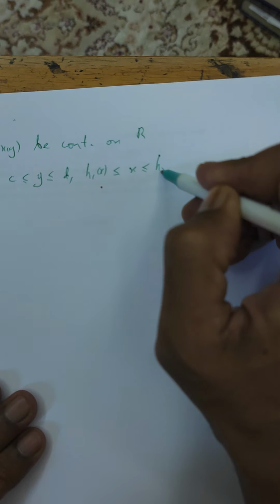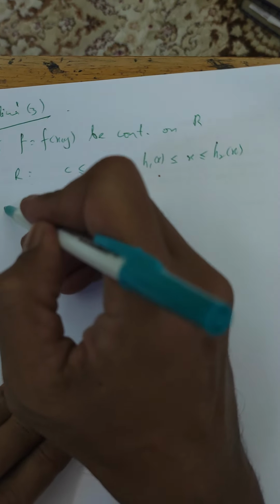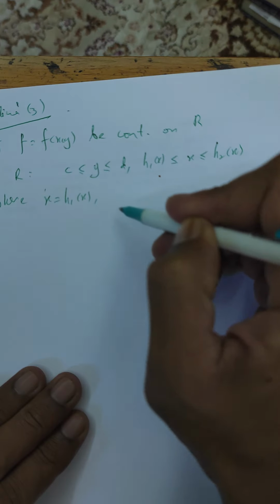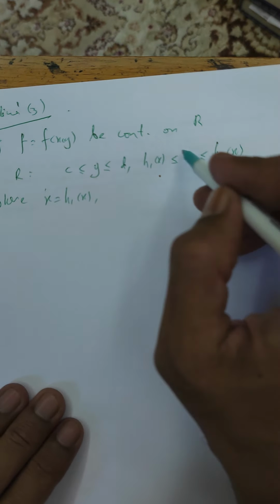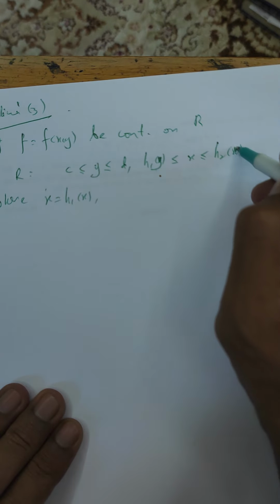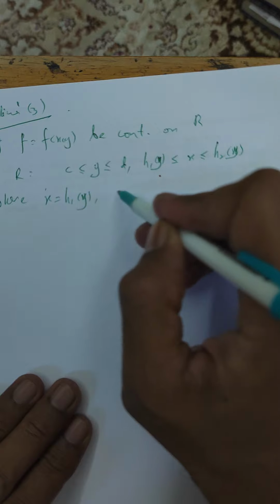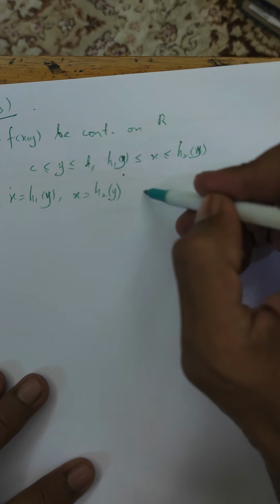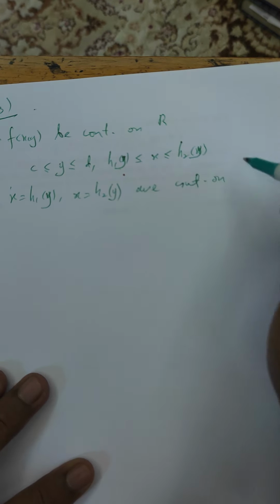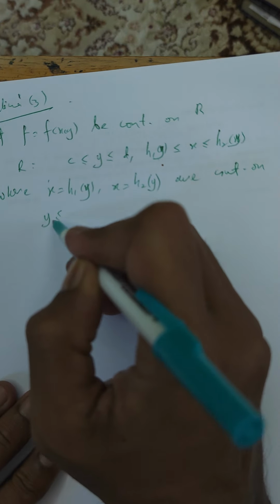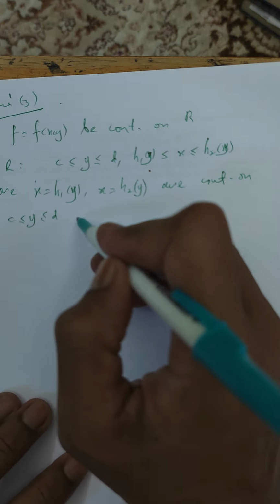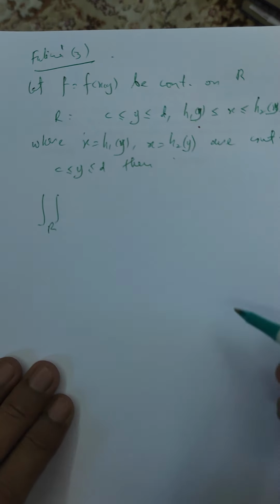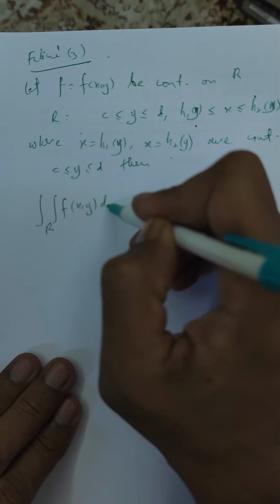H1 of Y to H2 of Y, where X equal to H1Y, this should be a function of Y, and X equal to H2Y are continuous on the interval Y between C and D. Then the integral over R of f(x,y) dA.